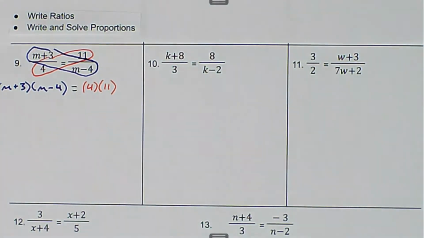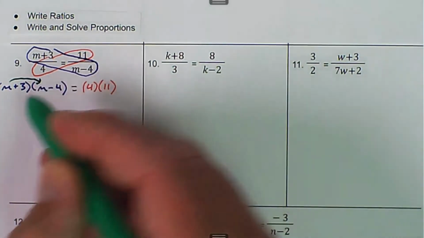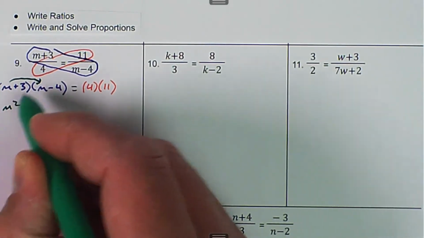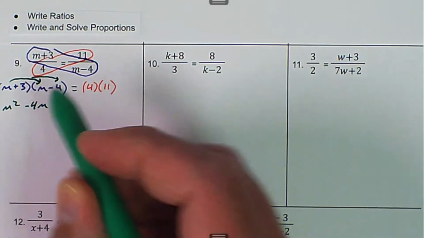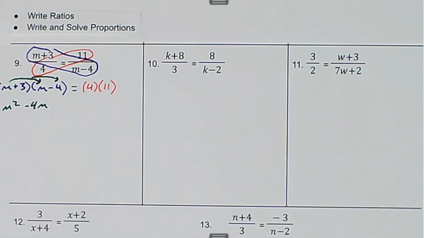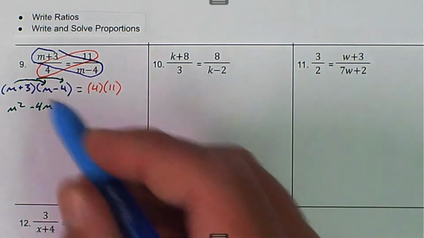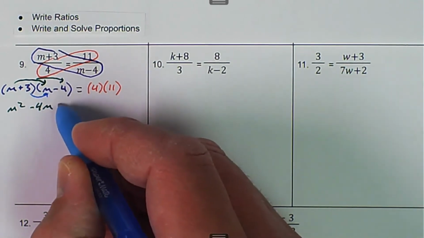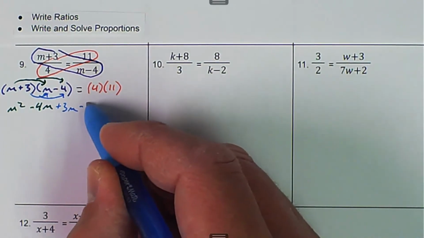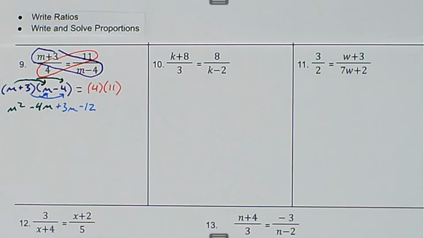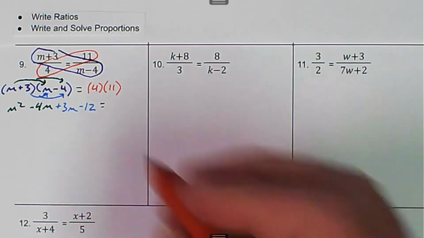So when we go ahead and do this multiplication, we end up with m times m is m squared, and m times negative 4 is negative 4m. And then we have 3 times m, which is plus 3m, and 3 times negative 4, which is negative 12. And that is going to still be equal to 11 times 4, which is 44.